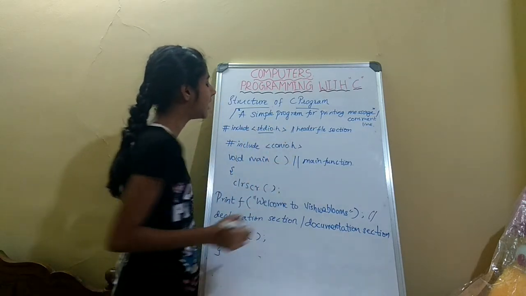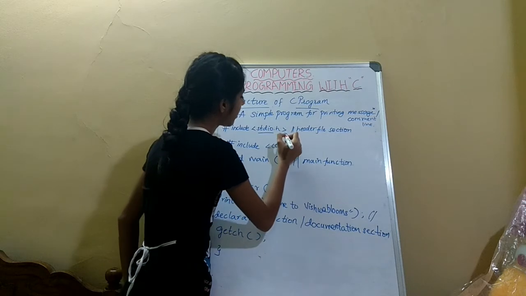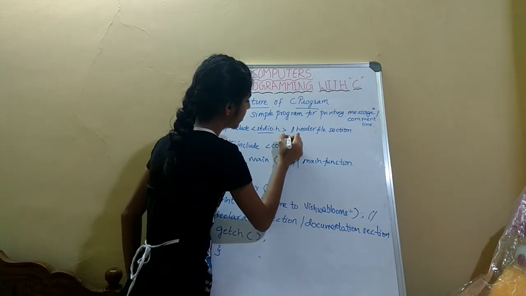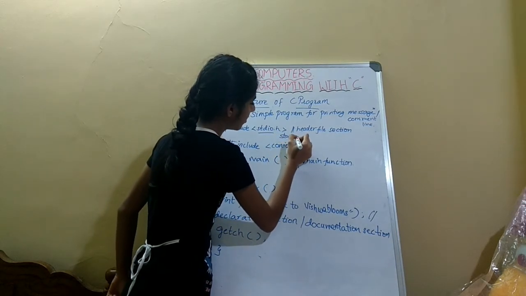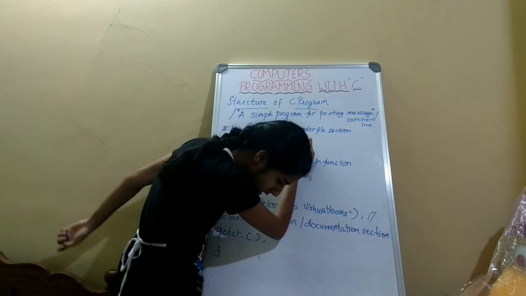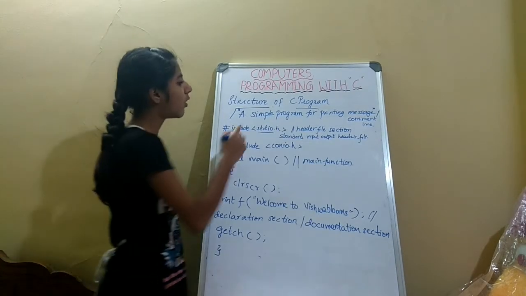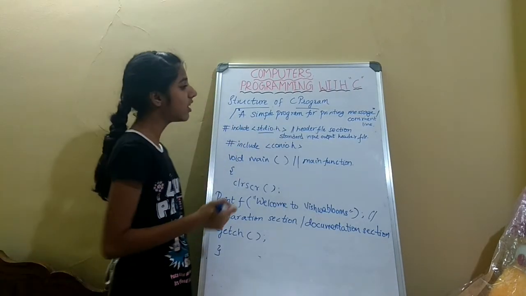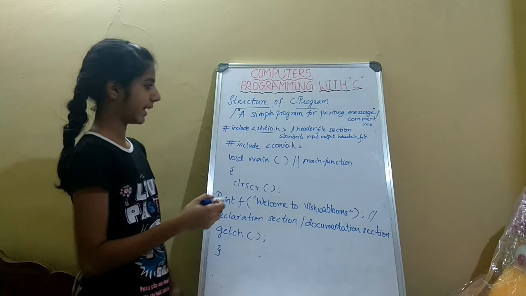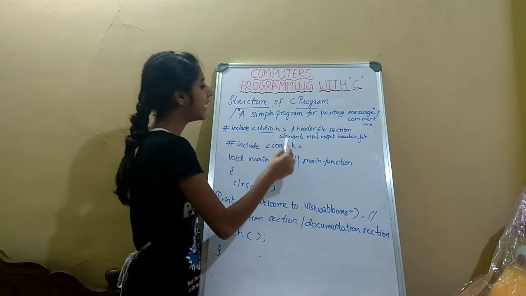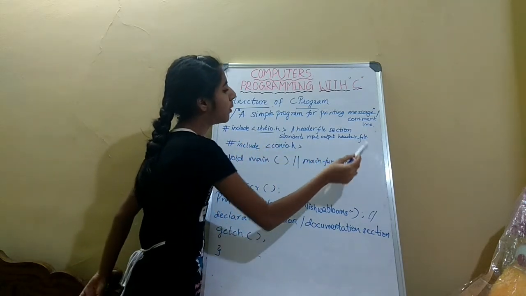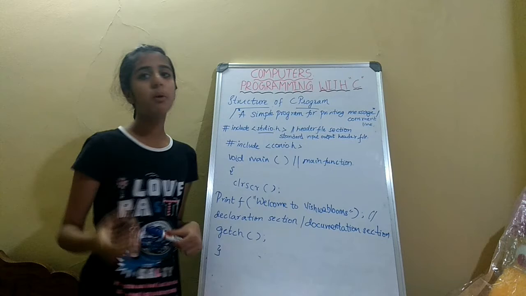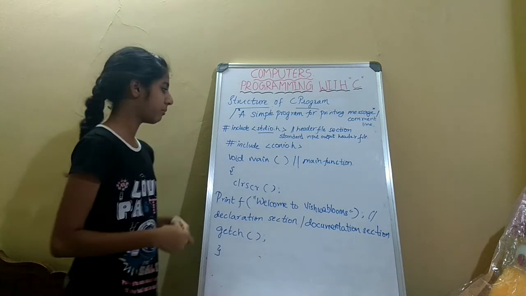The full form of stdio.h is standard input output header file. So this contains the information of what you are writing. This contains the input and output section.